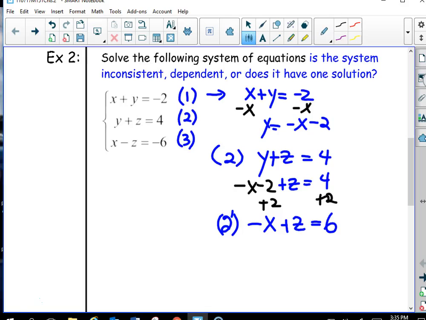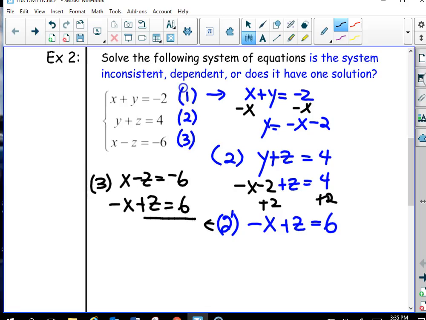So actually it looks like everything will cancel. Equation 3 is x minus z equals negative 6, and underneath it, my combined equations 1 and 2, negative x plus z equals 6. When I combine those, I get 0x, 0y equals 0.